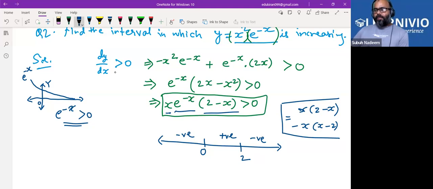So this is what happens in wavy curve method. So this expression will be negative, positive, negative. Now e to the power minus x is already positive. So this product will be positive in 0 to 2. So we'll say x belonging to 0 to 2. This will be our answer.